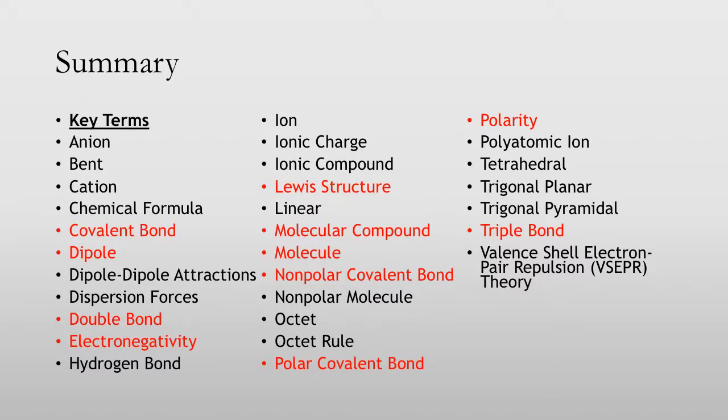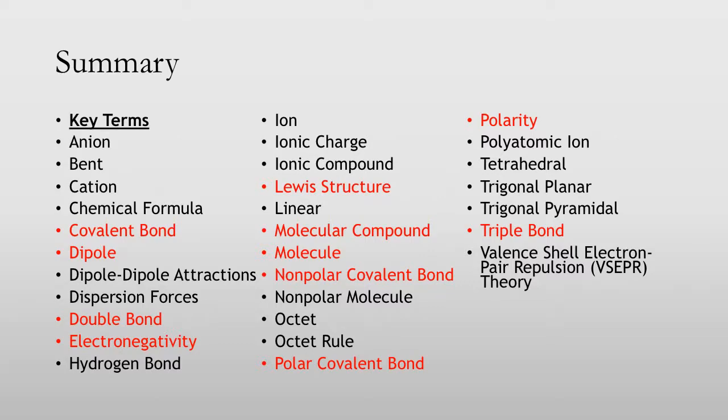Double bonds are when two pairs of electrons are shared between two bonded atoms. Electronegativity is the relative strength of pull that an atom has when it's in a bond, a covalent bond. Lewis structures are used to represent atoms in molecules, or just the molecules themselves.